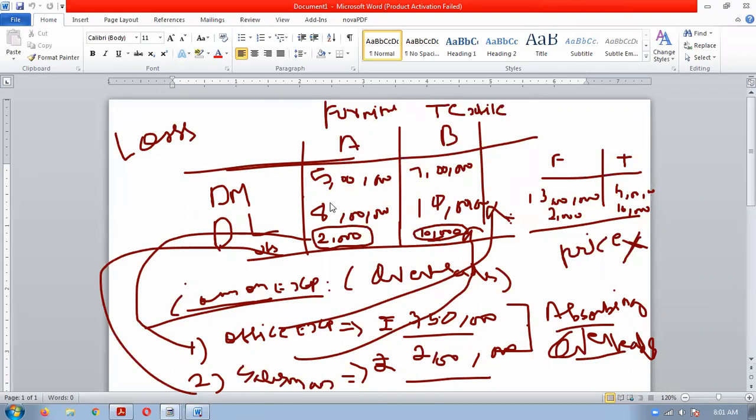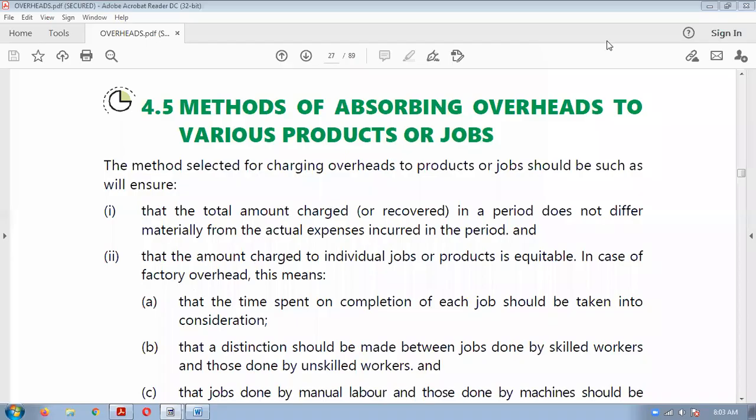You can note this example if you want. Absorbing overhead means charging overhead to products or jobs. Note everybody. Absorbing overhead means charging overheads to various products and jobs.